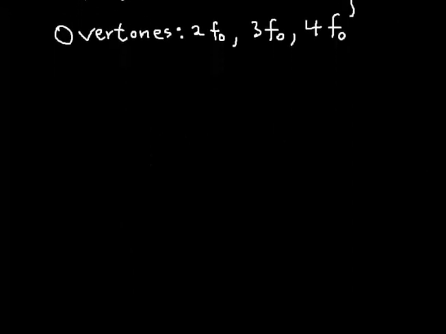I'm going to look at the relationship between the frequency of a string that is set into vibration and the tension of that string, because anytime a string is stretched, there's a tension. Of course, that string will also have length, because we vary the frequency of a stretched string by varying the length.